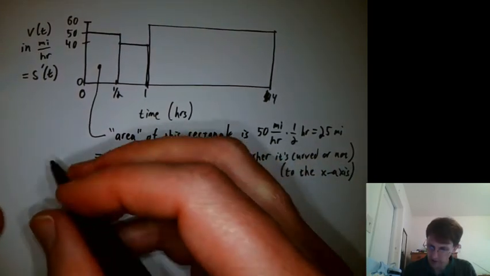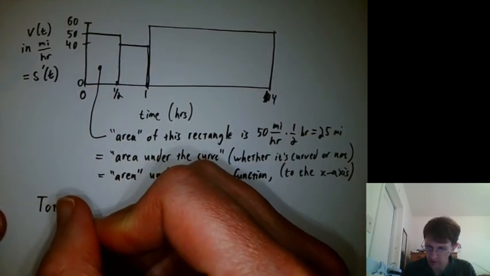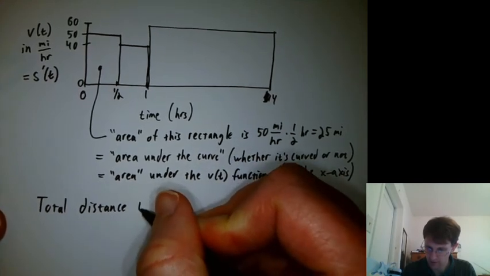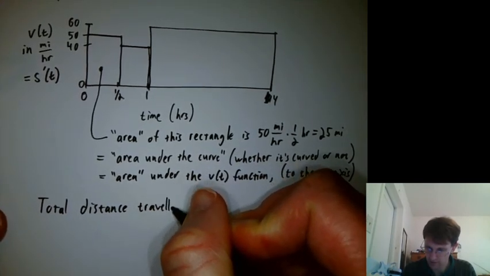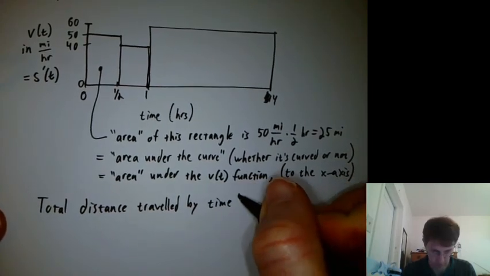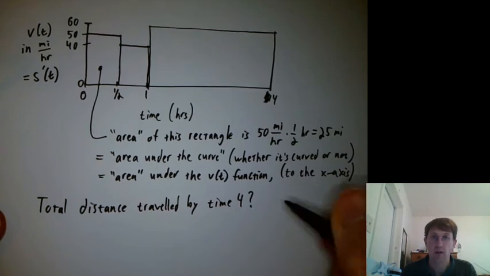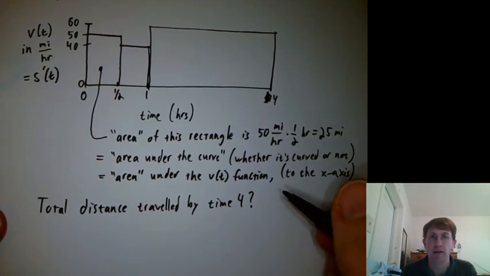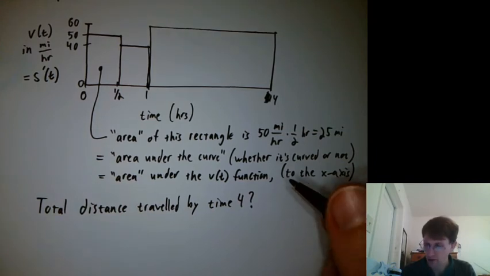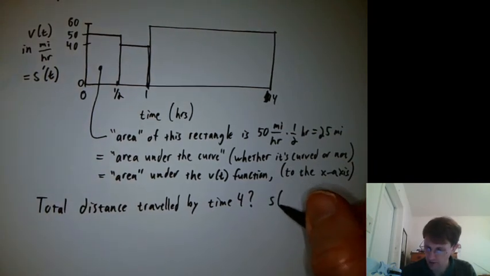All right, so what's our total distance traveled by time 4? What's a name for that? Well, if I started at position 0 at time 0, where am I at time 4?